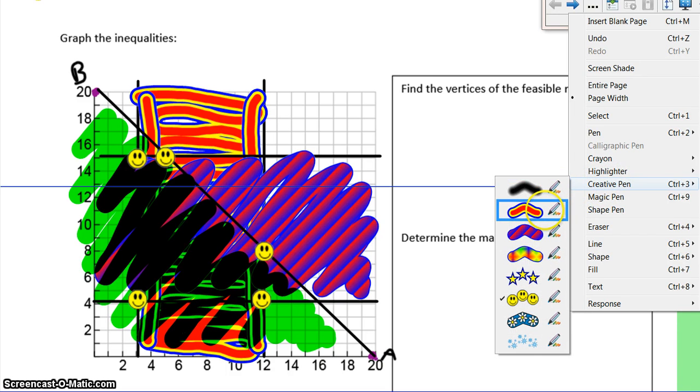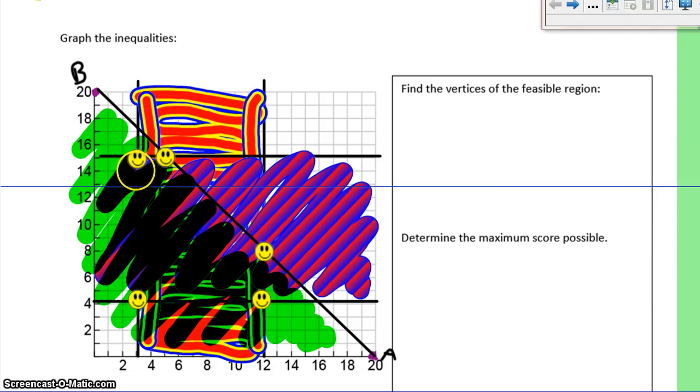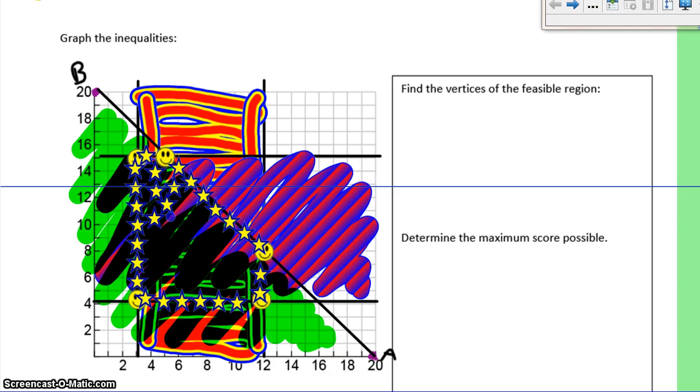So let's go ahead and take the stars. So this whole region right here is our solution set. It means any point in here will make every single one of those constraints true. All 5 constraints. And yes, there are 5 of them.